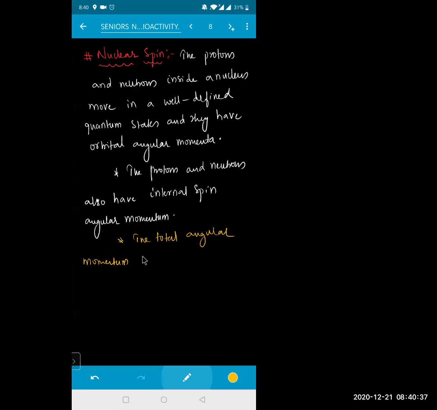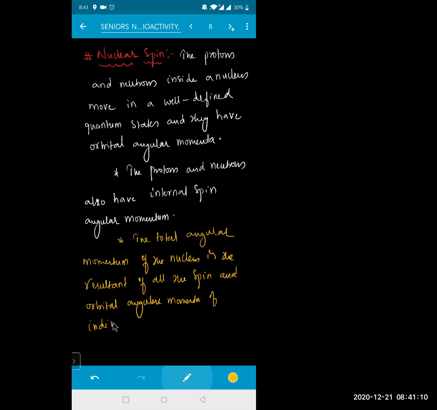The total angular momentum of the nucleus is the resultant of all the spin and orbital angular momenta of individual nucleons.